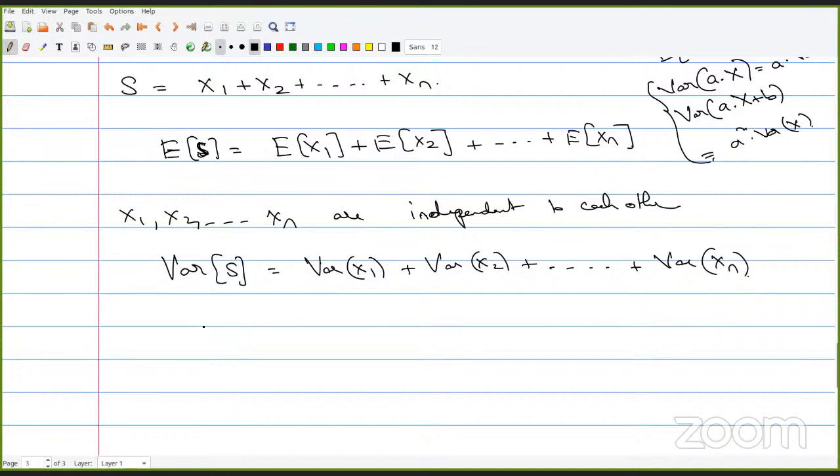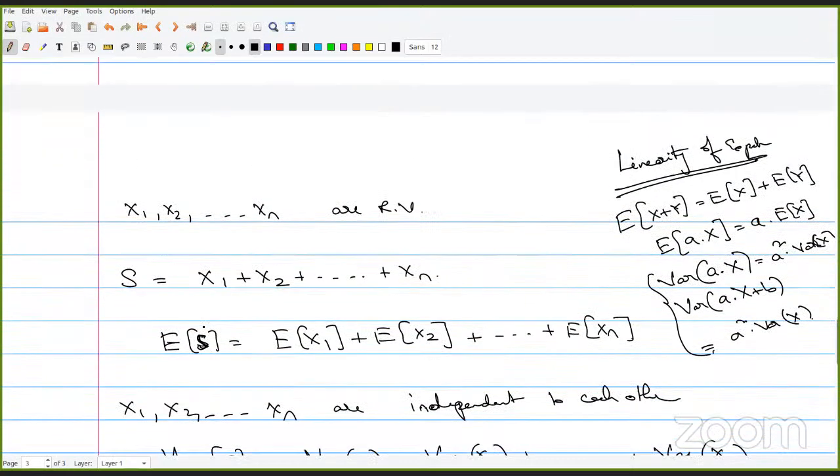Sir, one small clarification. While we are adding S equal to X1 plus X2 plus Xn, here X1 is the mean of my first sampling, right? X2 is the mean of sampling 2, if I try to understand with respect to what we discussed so far. No. Here we didn't say that these are IIDs of some random variable X. This is a new topic now, so there is no relation to strike.